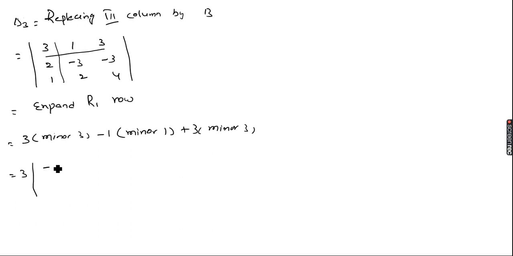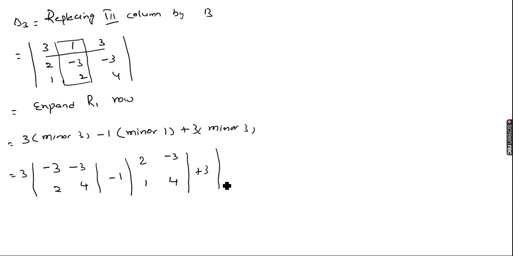We get the minor minus 3, 2, 4. Minus 1 into the minor of 1. What is the position of 1? First row, second column. So we get 2, minus 3, 1, 4.